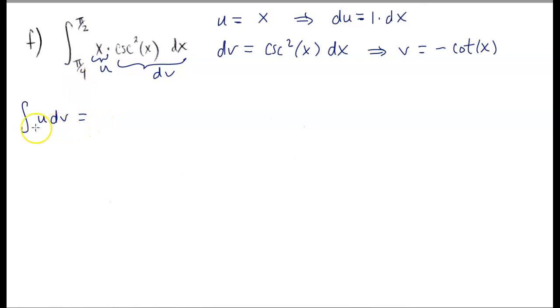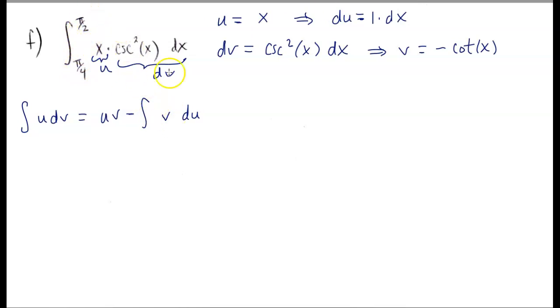All right, so the integral of u dv ends up being uv minus the integral of v du. Now, notice that we have definite integrals here, so we're actually going to have to include the fact that this u times v needs to be evaluated from pi over 4 to pi over 2, and same deal here.